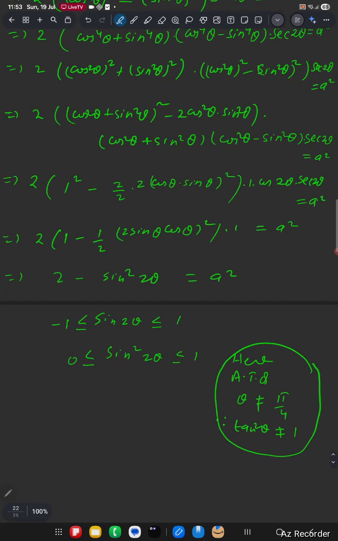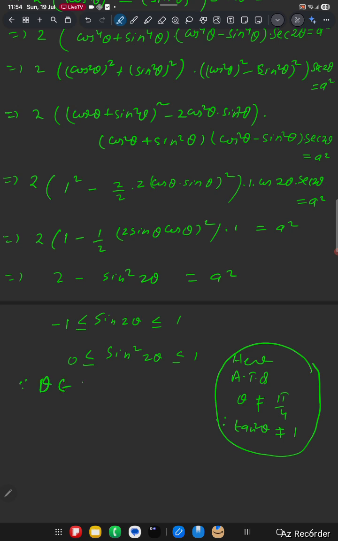If theta is not equal to pi by 4, then 2 theta is not equal to pi by 2, and sin pi by 2 means 1. So from this we can conclude that sin 2 theta will not be equal to 1.